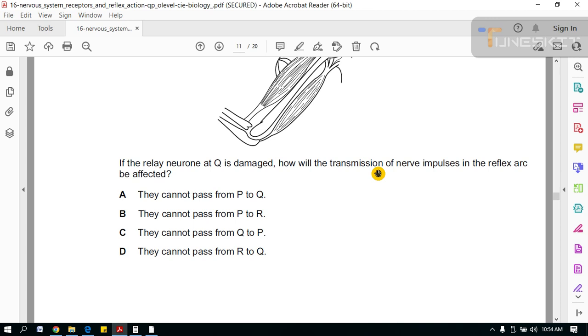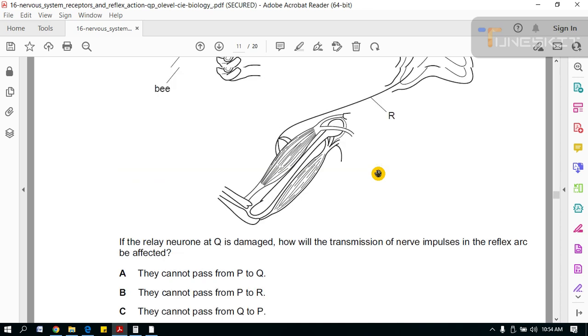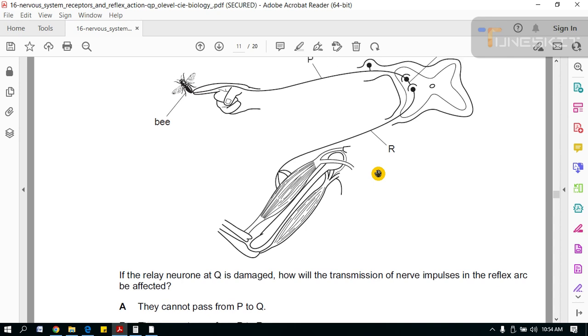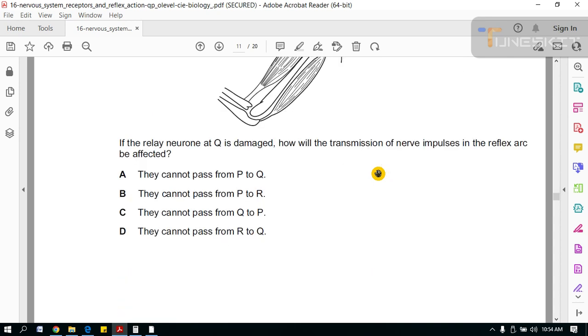Option A, they cannot pass from P to Q. Option B, they cannot pass from P to R. So definitely the nerve impulse cannot pass from P to R. It will pass from P to Q. They cannot pass from Q to P, that's not the pathway.